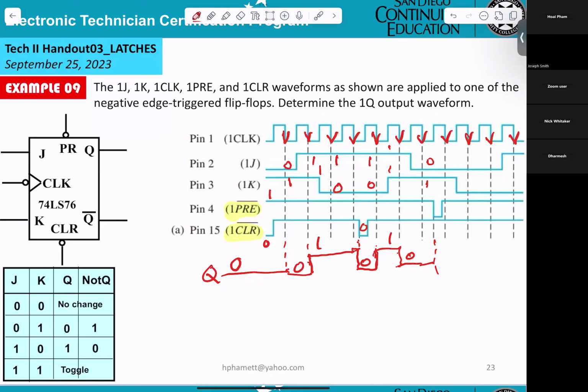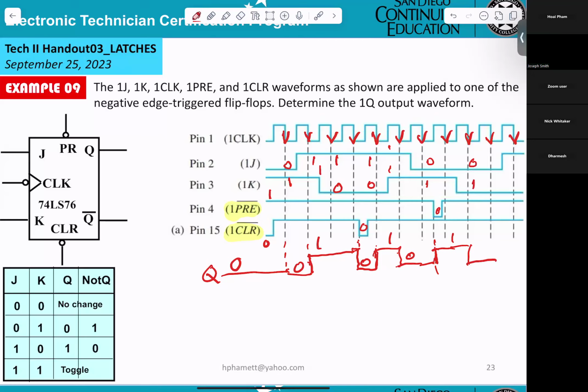And when you hit here, preset is 0. No matter what, Q must be 1. Then at the clock here, J is 0, K is 1, which means Q is 0.